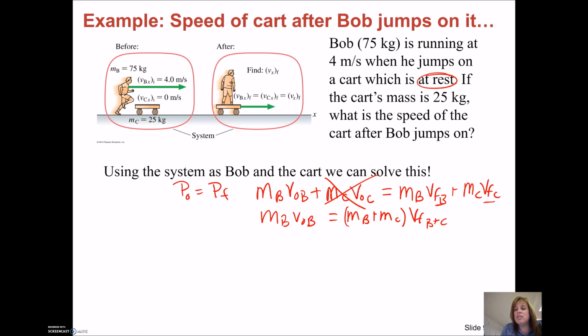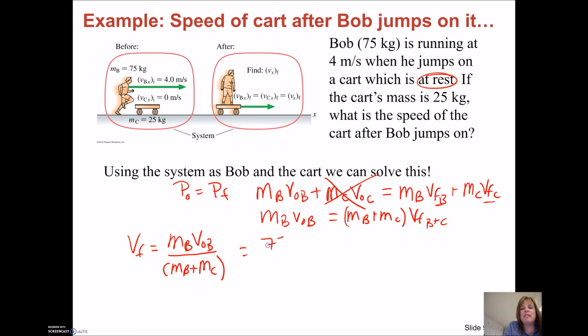Now I'm going to rearrange this to solve for the final velocity. V final of Bob and cart is equal to the mass of Bob times the initial velocity of Bob, which is the initial momentum of the system because Bob's the only one moving, divided by the total mass afterwards, which is the combined mass of Bob and the cart because they're both moving together. Now it's just a matter of plugging numbers in.